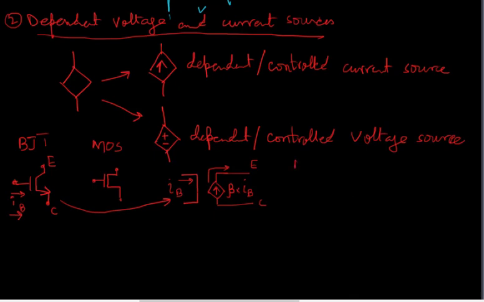Similarly, if I talk about MOS transistors, metal oxide semiconductor transistors, they have a very different behavior. In a MOS transistor, one terminal is called gate, the other two terminals are called drain and source. This is not important for now, but let me just clarify what this transistor is going to look like in a circuit.